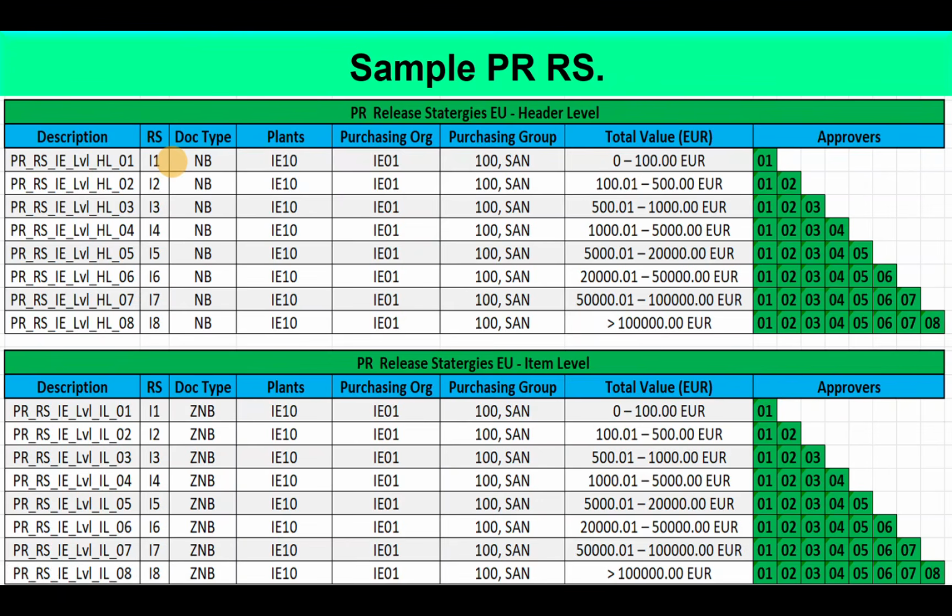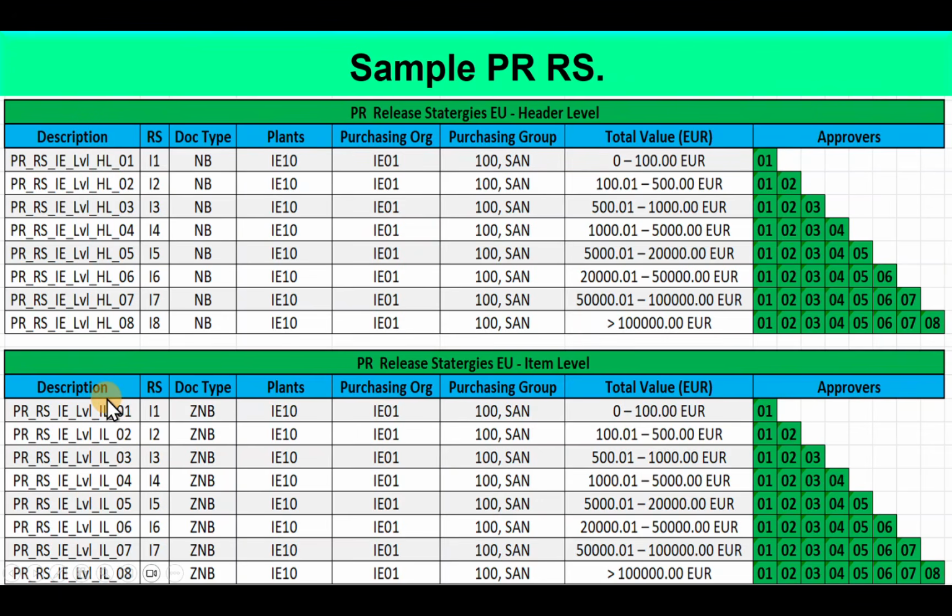I will take a reference of this, so I will prefer using maybe document type, plants, purchasing group, and then value for the header level and item level. And also if you notice, the description I have changed in a way where it makes sense. So PR release strategy for IE region, sorry, it should be like header level and level 0, 1, and so on and so forth.